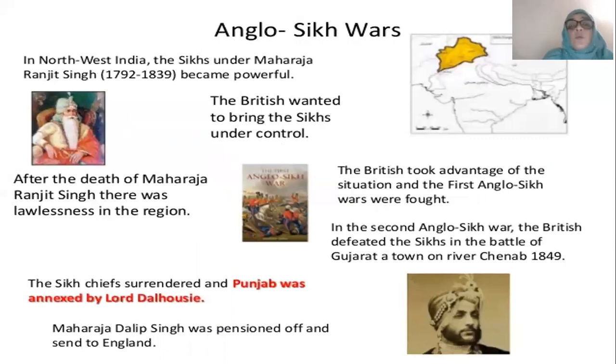In the Anglo-Sikh war, the British wanted to bring the Sikhs under control. They wanted to take over control of the Sikhs also because they were spreading. So they were able to do that. The Sikh chief surrendered, and Punjab was annexed by Lord Dalhousie. Maharaja Dilip Singh was pensioned off and sent to England.